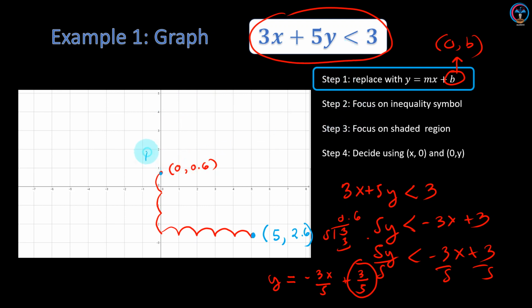Therefore, this is a broken line, and less than. The shading region is below.